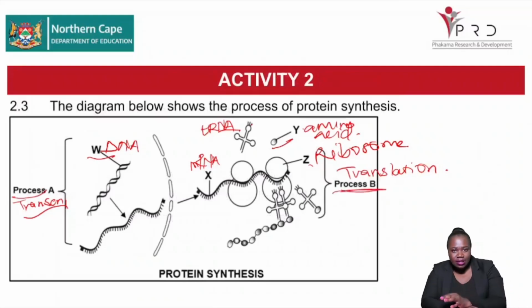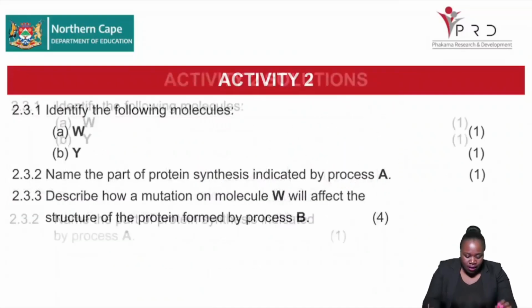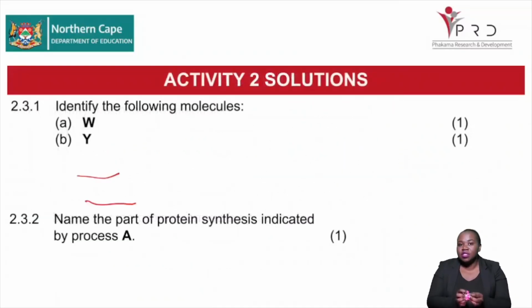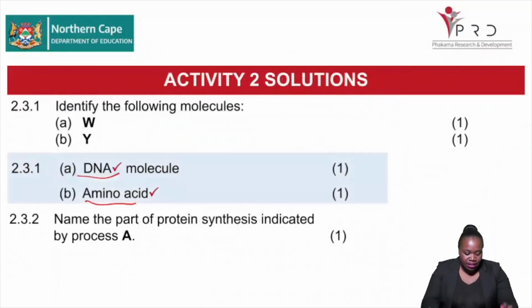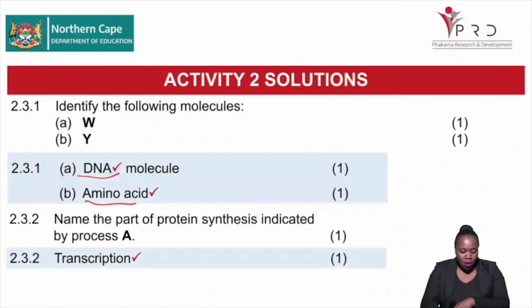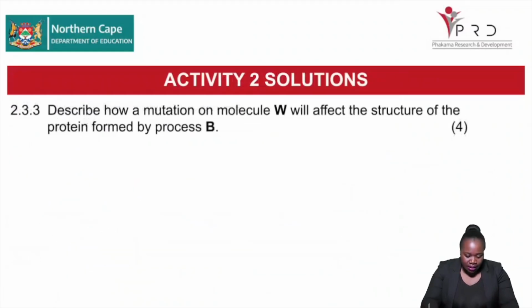Now, if you know that there's transcription, but you don't know where it takes place, it means that you will not be able to identify it. So you must know where it takes place first. It takes place in the nucleus. So that is why process A is transcription, and translation is said to be taking place in the cytoplasm.